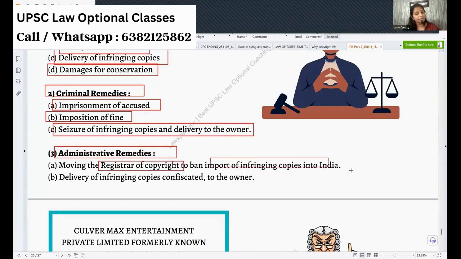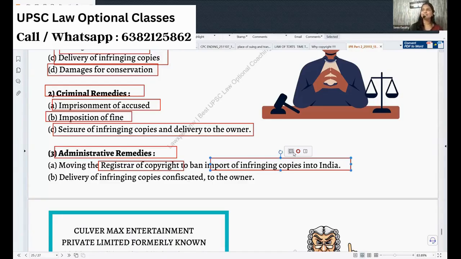to ban the import of such copies into India, because most of the CDs at that time, in the 90s, 80s, when we were studying 10th or something, 20 years back, CDs were very, very common. We used to play games in CDs and we used to watch movies in CDs. Any new movie, they will have this theft CD.